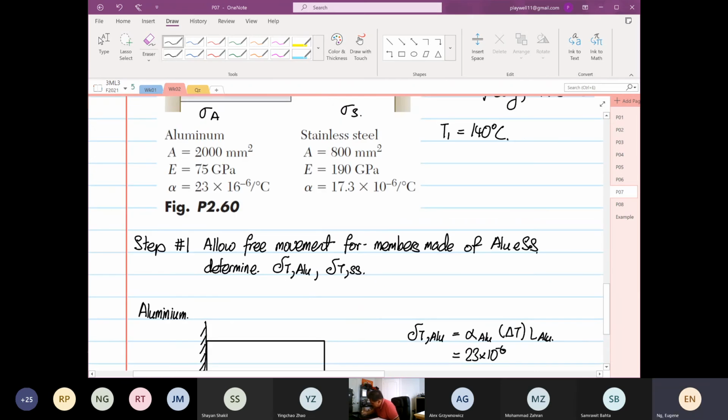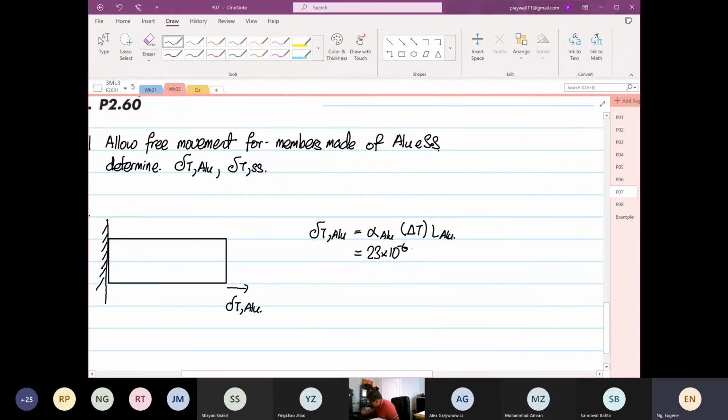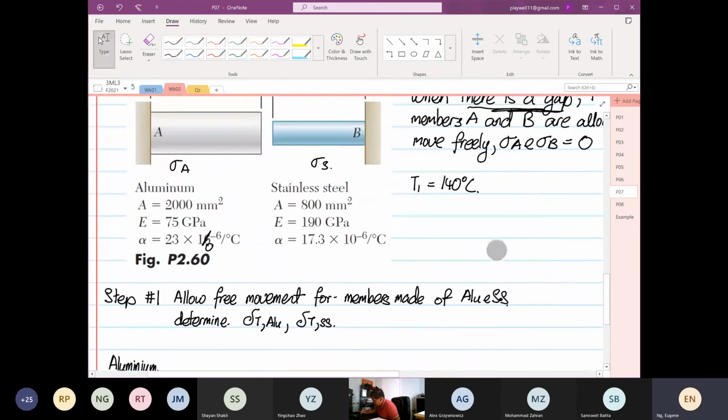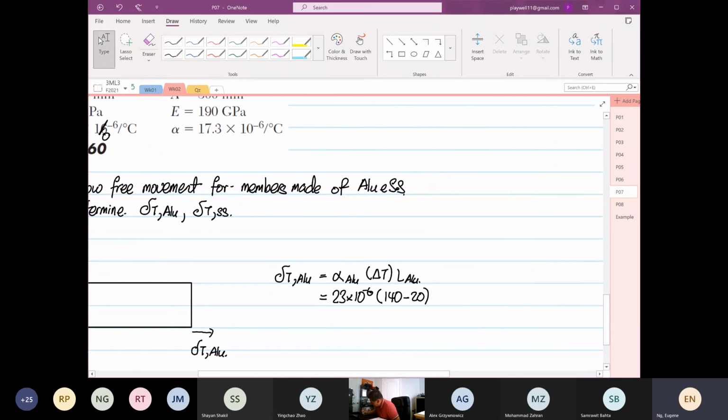This is wrong, this is not 16, it's 10. The new temperature is 140, the original is 20. Then the length of the aluminum is 0.3 meters.